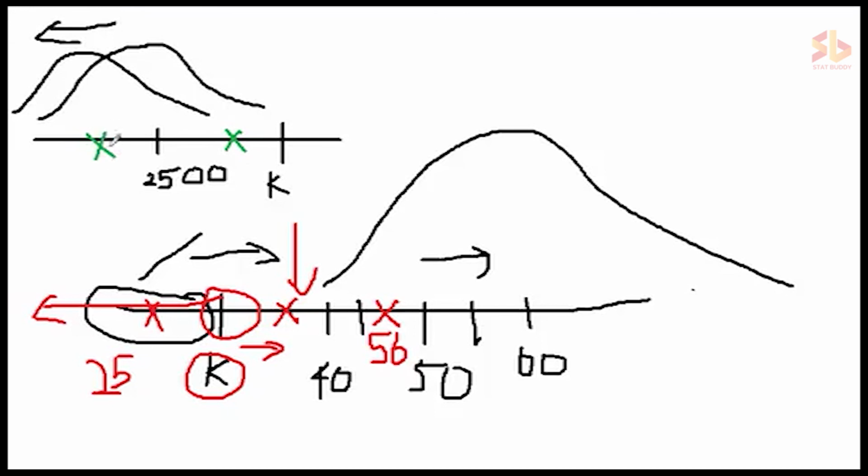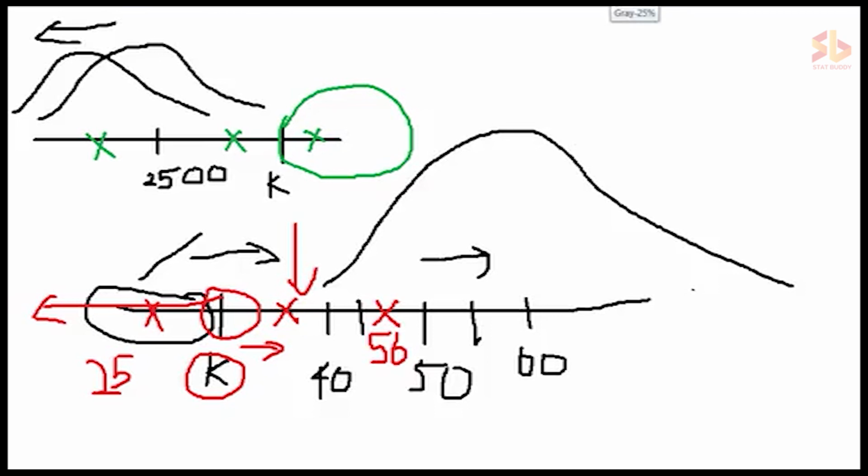But if our sample gave a value here, which means greater than this k, since this is the rejection region, once we get a value which belongs to the rejection region, we have to reject the null hypothesis. So that is how you can identify the rejection region.